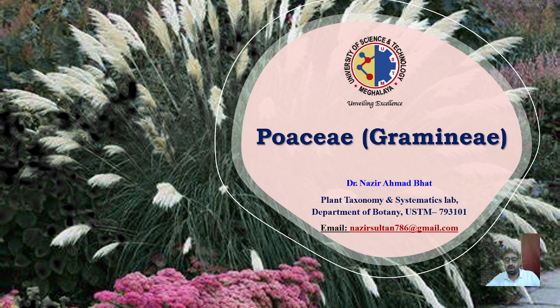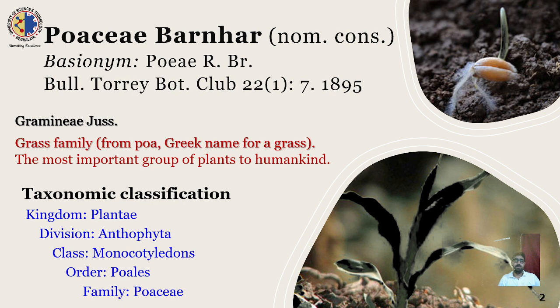So in monocots we have the first family, that is Poaceae. Poaceae was described by Barnhart, and this name is conserved through nomenclature. It cannot be changed. This name comes from the basionym Poaceae.